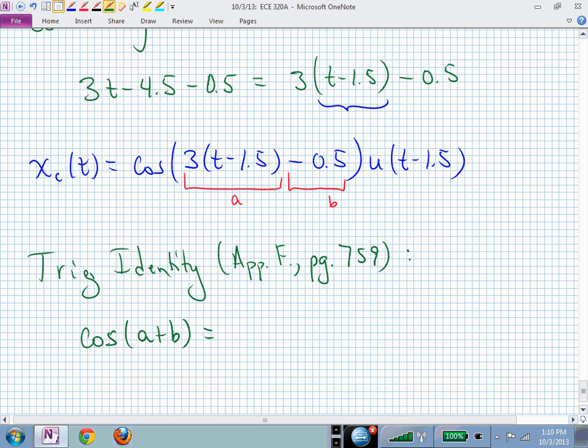It's been a while since 4th grade, I'll give you that. There we go. Now we can use this to end up with an expression that we will be able to work with.